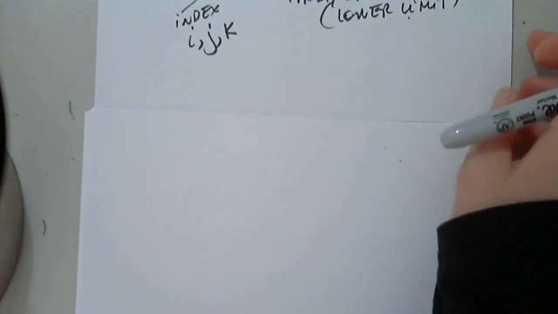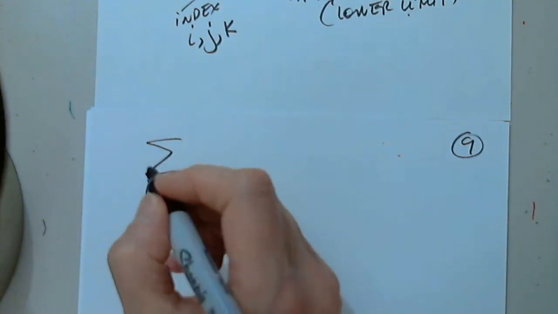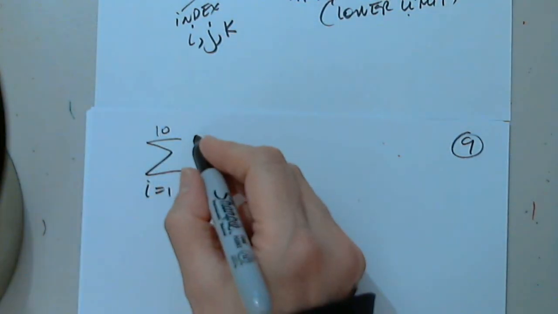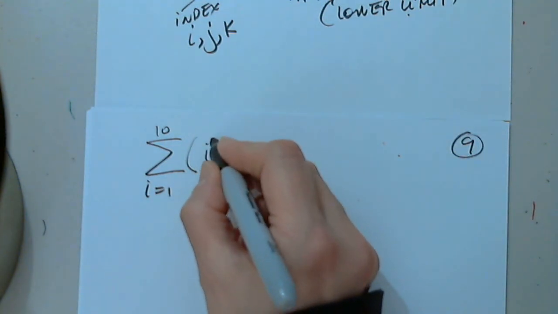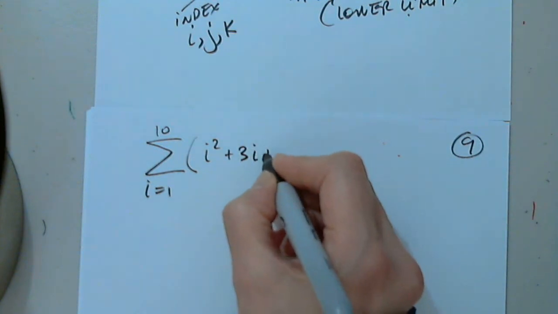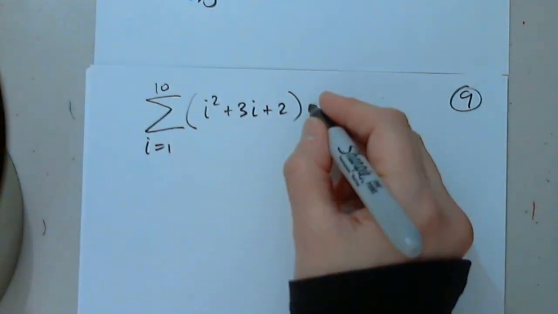So let's say I have the sum from i equals 1 to 10 of i squared plus 3i plus 2. What is all this?